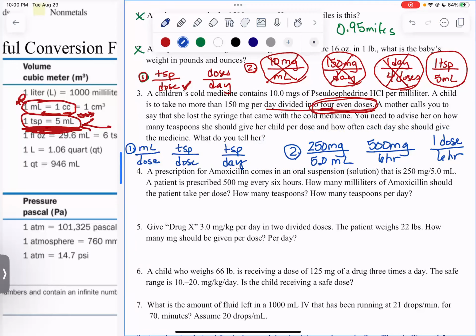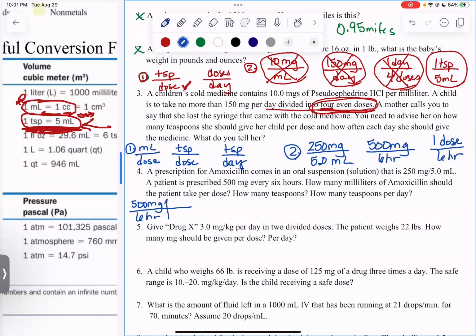So what do you start with? I start with what the doctor prescribed. The doctor prescribed 500 milligrams every 6 hours. The other way that you could do this is you could say that that was one dose. Some people skip ahead to that, and that's cool. But if you don't see it, I'm going to show it.